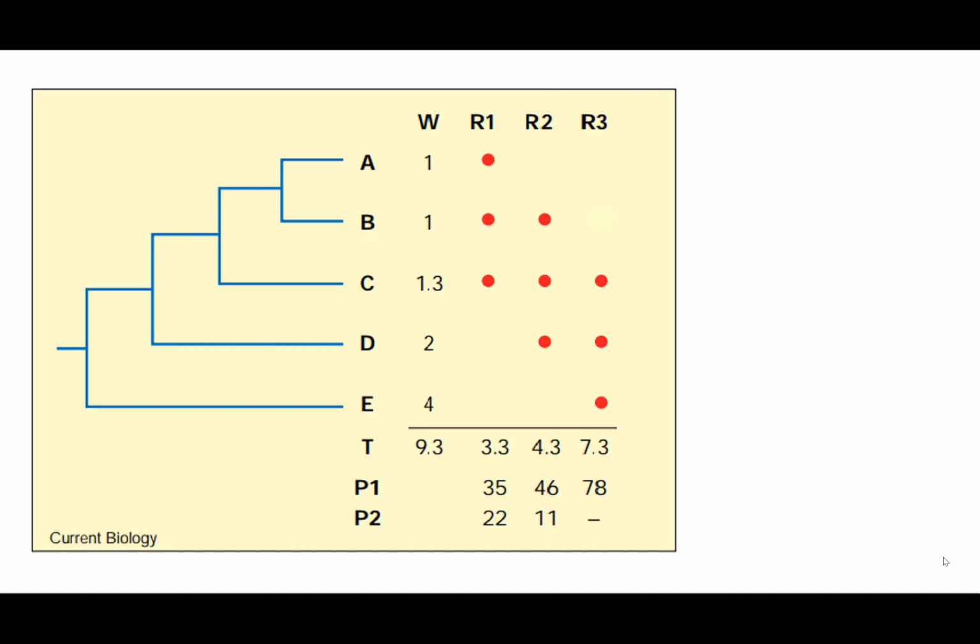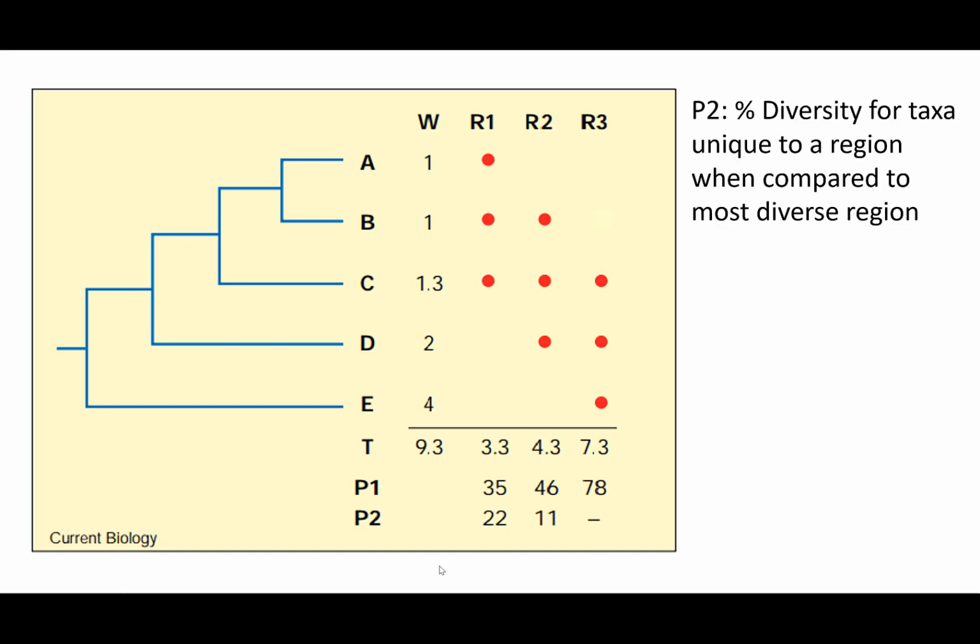Next, we're going to calculate P2, which is the region that gets second highest priority after region 3. So P2 is the percent diversity for taxa unique to a region when compared to the most diverse region. So if we compare region 1 to region 3, which we've already assessed has the highest priority score, what species are unique to region 1?